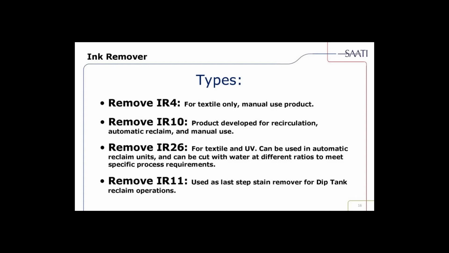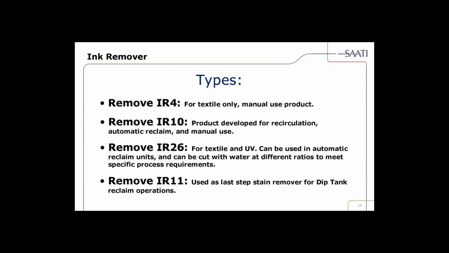As an example, if you're running water-based or discharge and you need a product to work at the press, but water just doesn't do it, we know that this product cut about 8 parts water, 1 part IR26 works extremely well, because a lot of those water-based or waterborne miscible inks, they are water-based, but they've got a little solvent in them, and it does require a little bit of ink remover to have it work properly at the press.